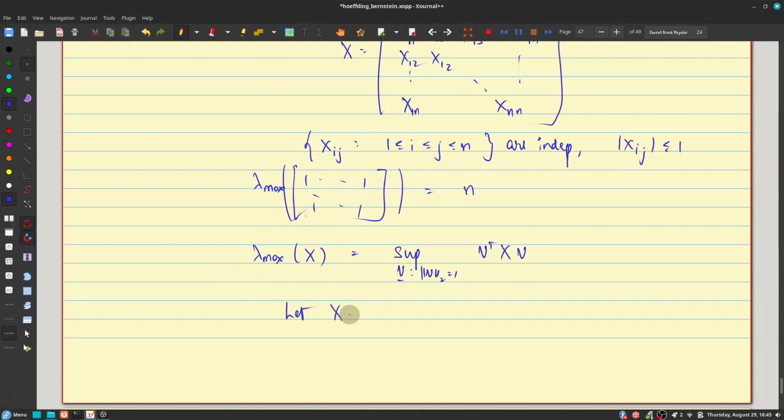Let X_ij prime be the random matrix that I get if I just replace the ijth entry of X with an independent and identically distributed value.